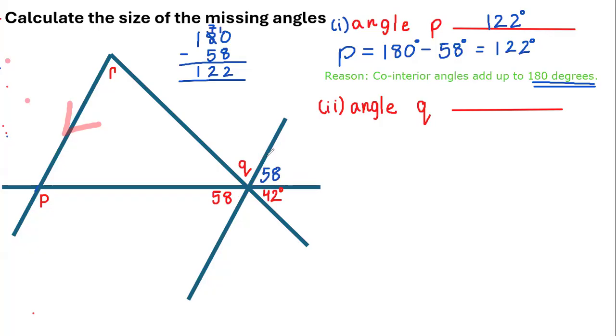And this one is 42, vertically opposite to that one, so this is also 42. So we have angles on a straight line. When you add 42 and 58, you get 100. Angles on a straight line out of a common point.